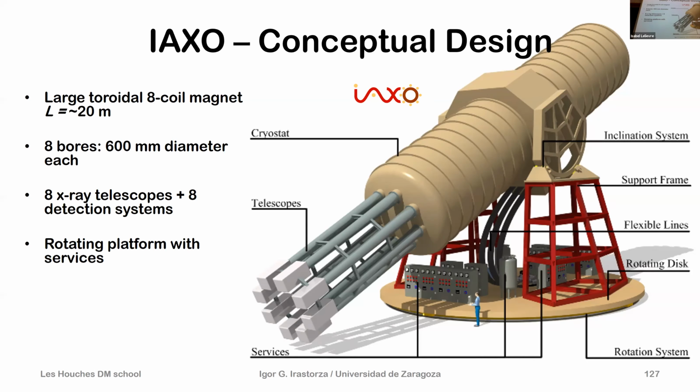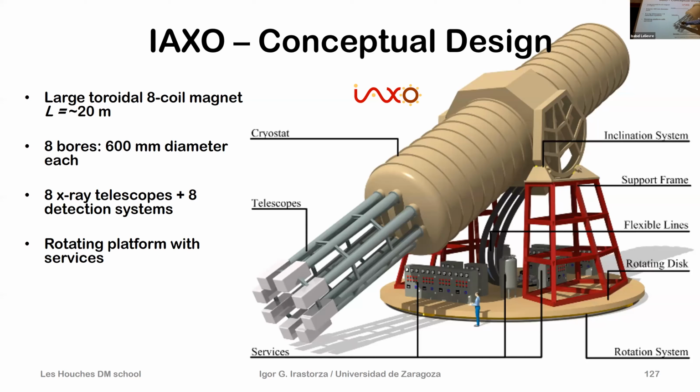It's a toroidal configuration. And in the space between the coils, there are several bores to which the equipment is attached. So you have several opportunities to detect axions. So there are 8 different detection lines, each one of them with an optics of 60 centimeter diameter, that focus the photons from axions into a small spot 5 meters away in the focal spot.